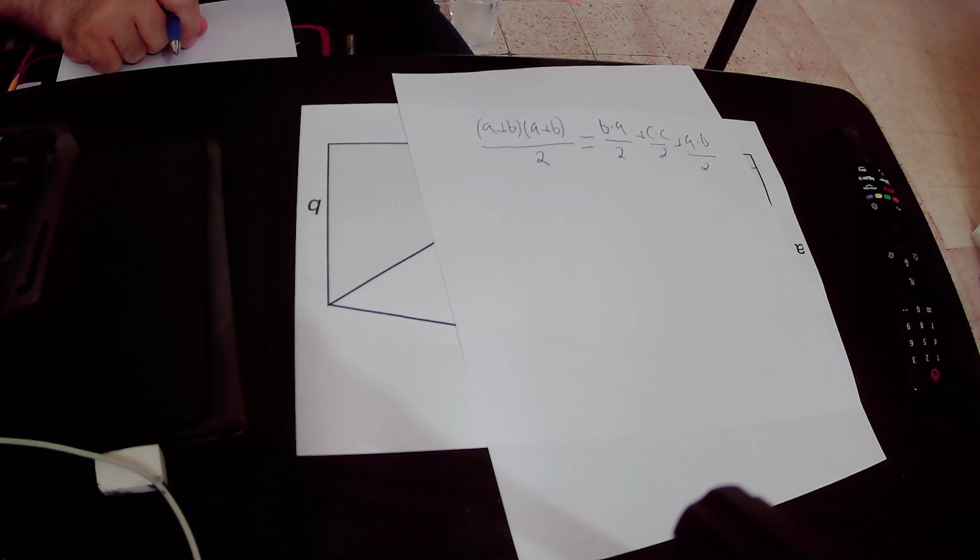And the area in the second calculation is the sum of the areas of the three triangles that the trapeze contains.